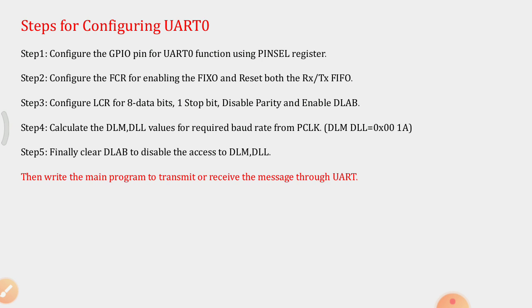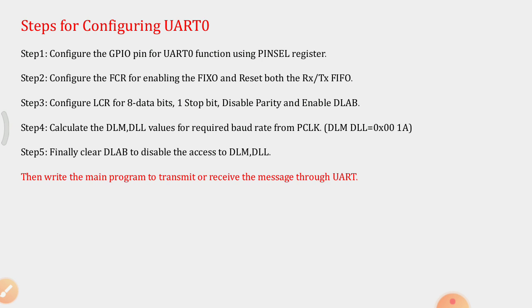Step 4 is to calculate the DLM and DLL according to the clock. Basically we are going to set a baud rate of 9600. The value for 9600 baud rate is 0x001A. DLM is going to be 00 and DLL is going to be 1A, both using only 8-bit data.